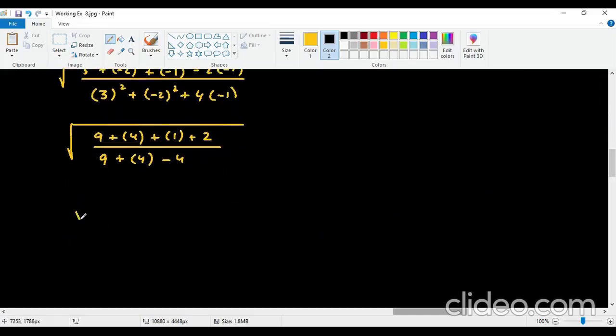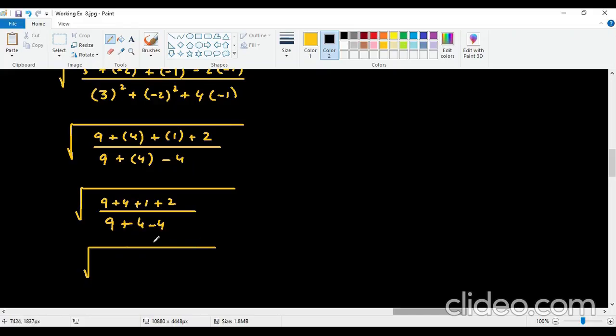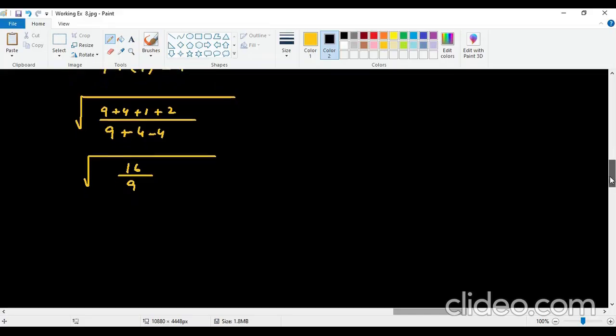Simplifying further, this is going to give you 9 plus 4 plus 1 plus 2, and as a denominator it's going to give you 9 plus 4 minus 4. So plus 4 and minus 4 are cancelled, and 9 plus 1 is 10, 14, 16. 16 divided by 9.